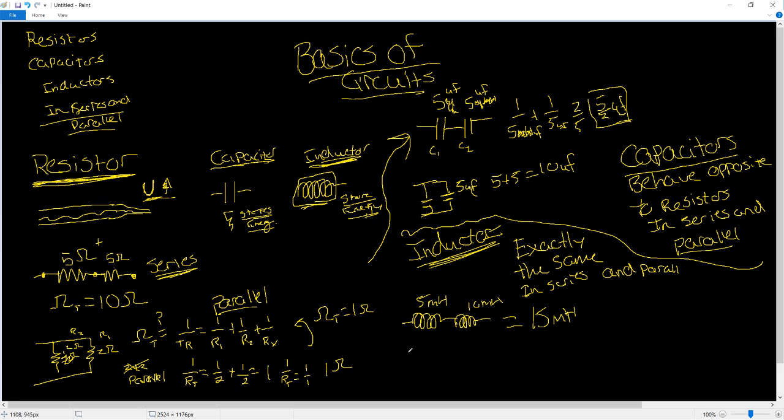It works the exact same. Or say you have two of these in parallel, 2 millihenry each. So 1 over 2 plus 1 over 2 equals 1. 1 over 1 reciprocal is equal to 1, so that's going to be 1 millihenry. So basically, if you know how to do a resistor circuit, you're going to be able to do a capacitor circuit in series and parallel, and you'll also be able to do an inductor circuit in series and parallel.